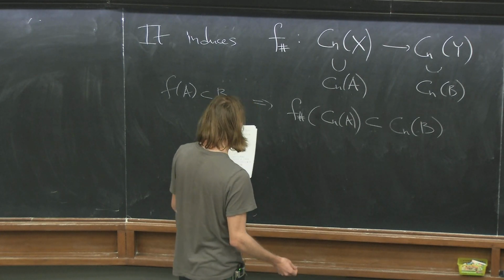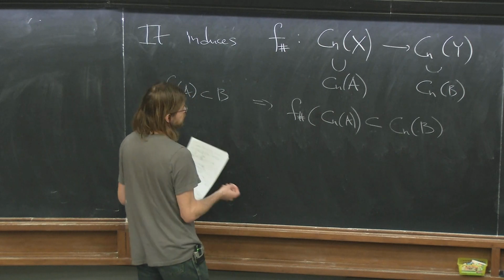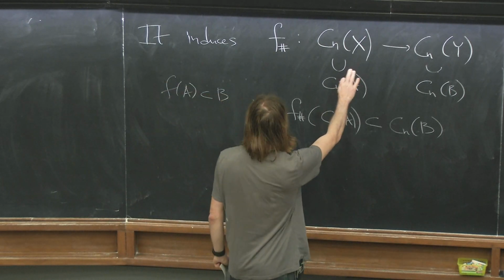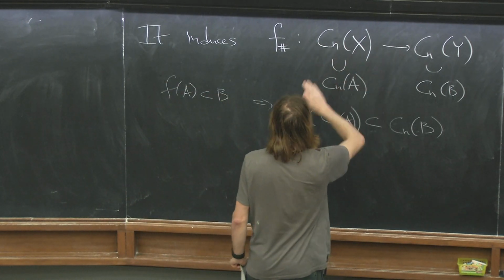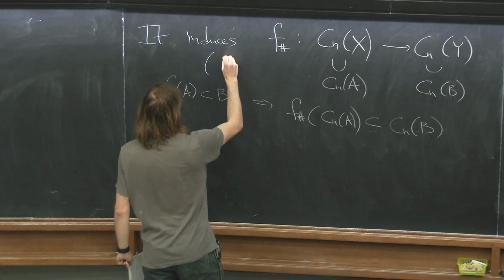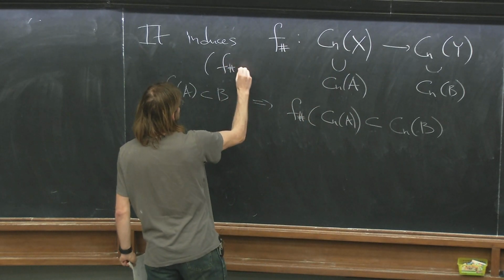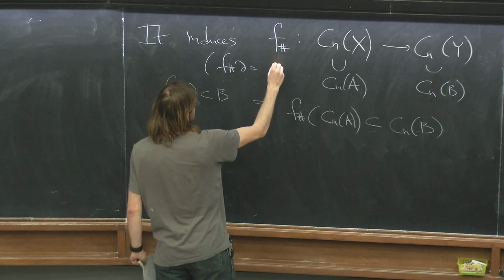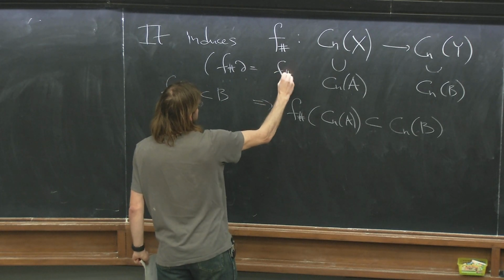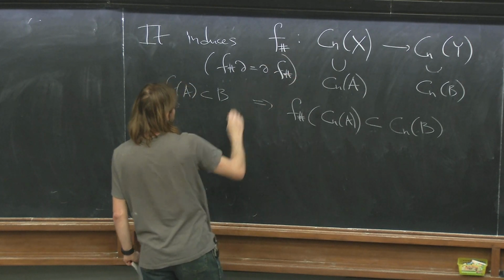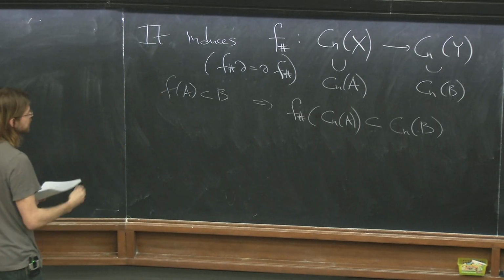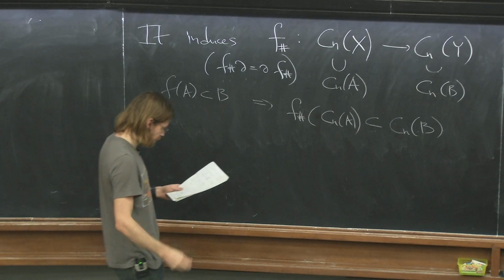So in our previous consideration, we showed that this F sharp commutes with our boundary homomorphism. So that means F sharp defines a chain map.